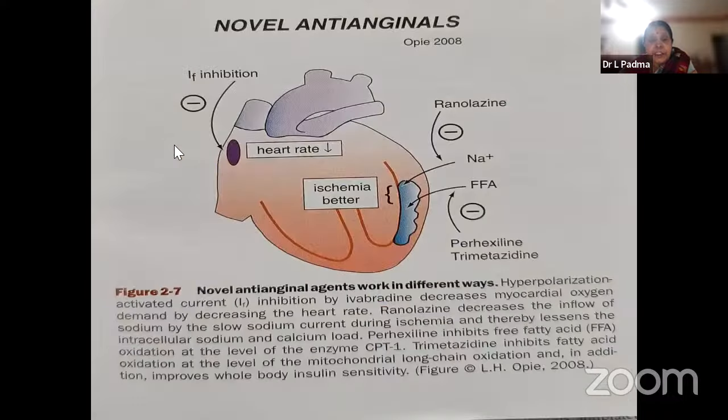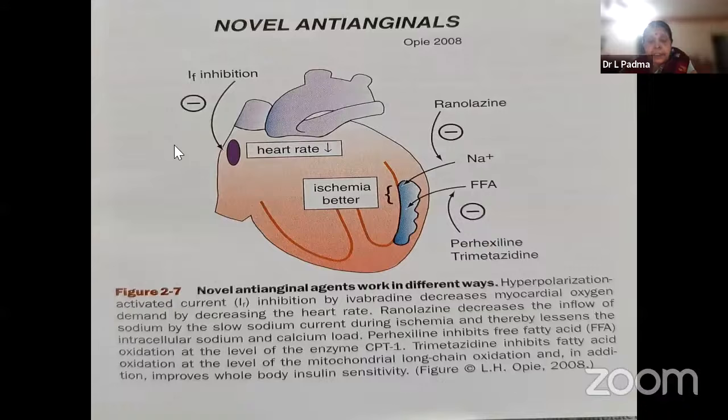So novel anti-anginal agents, ranolazine, okay, they are mainly inhibitors of fatty acid metabolism. Because of this, they will shift into glucose metabolism and hence lessen the sodium and calcium overload.